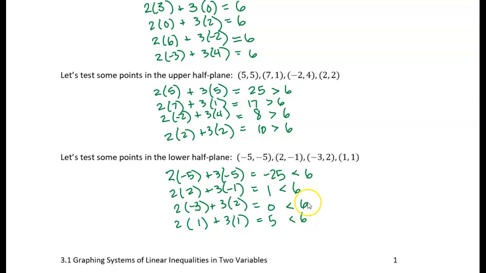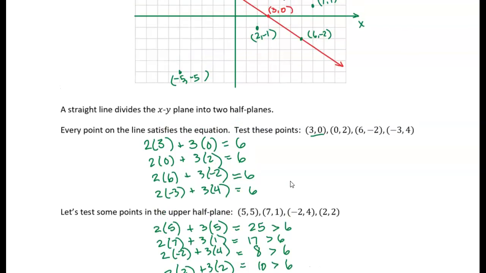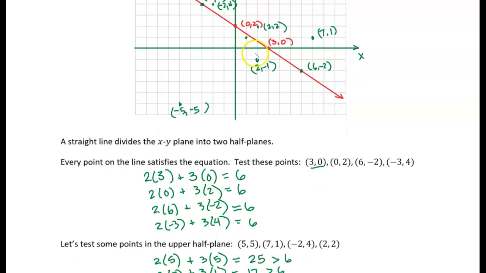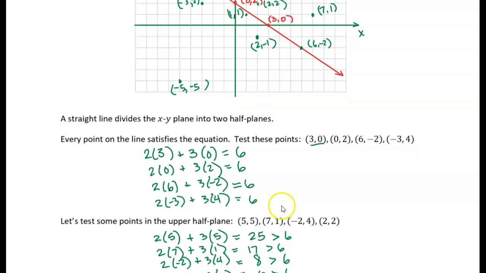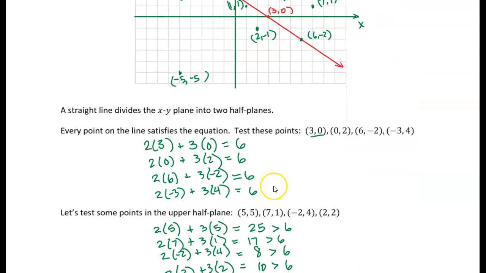I had 1 comma 1, which is right here, just barely below the line, and I had negative 3 comma 2, which is here. Any of the points that I pick in the lower half plane give me, when I evaluate 2x plus 3y, something less than 6.